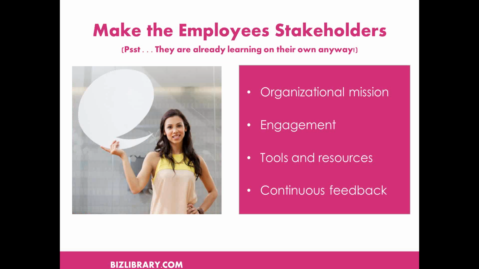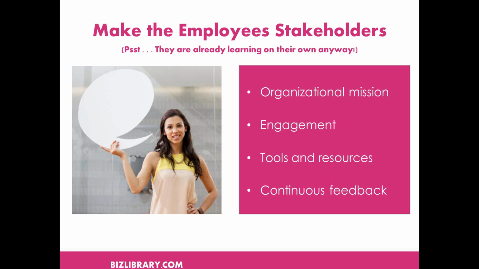It also helps immensely to make your employees stakeholders. Now, just by the way, they're already learning on their own. Going back to what I mentioned earlier, Charles Jennings, who kind of inspired a big part of this webinar, is the head of the 70-20-10 Institute. You've probably heard that term used before, which basically says that it's a theory.